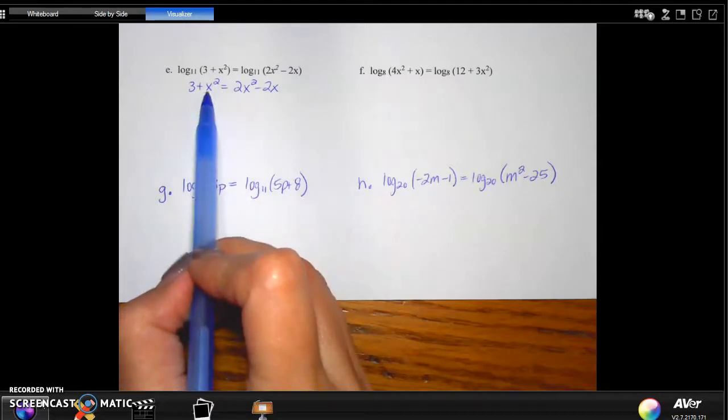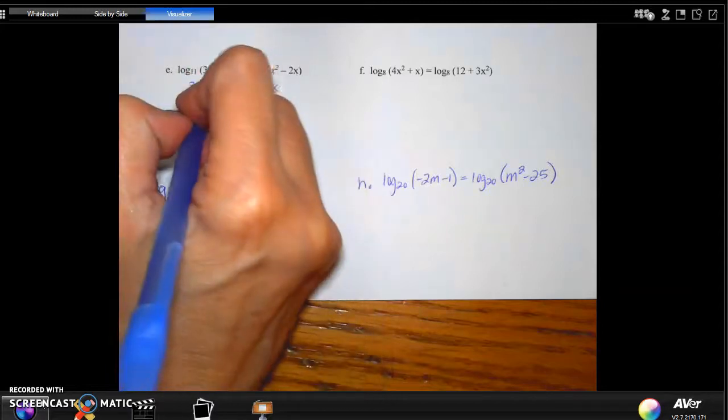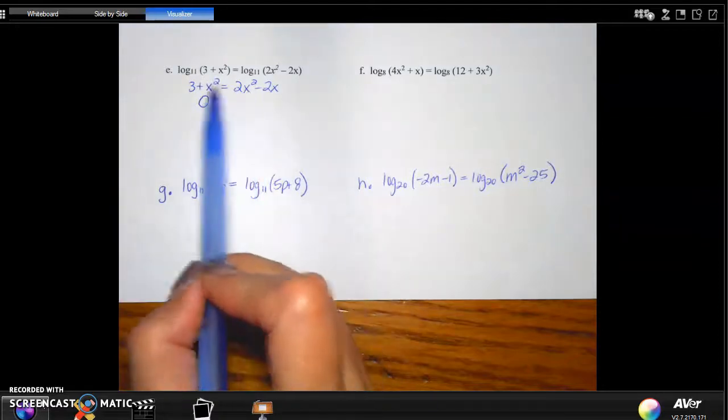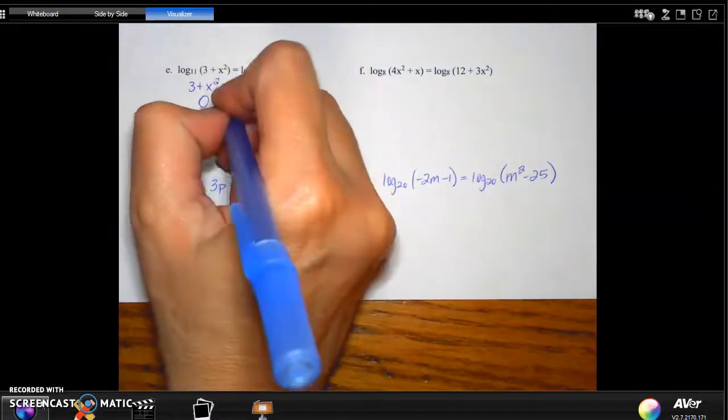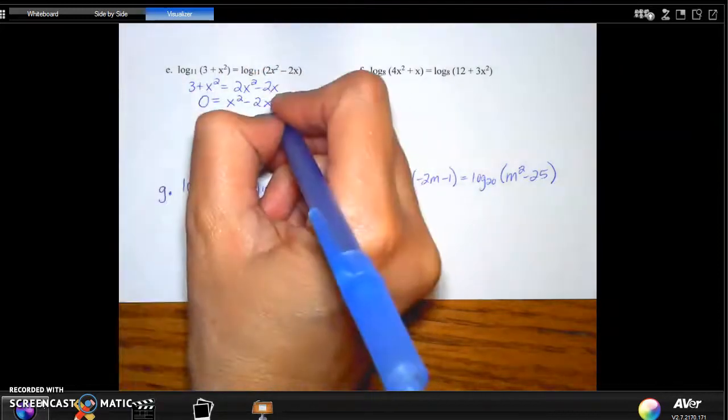So we're going to move the x squared over and the 3 over so that we have a 0 on the left-hand side. So we're going to have 2x squared minus x squared. That gets us to x squared. Then we have a minus 2x there and a minus 3.